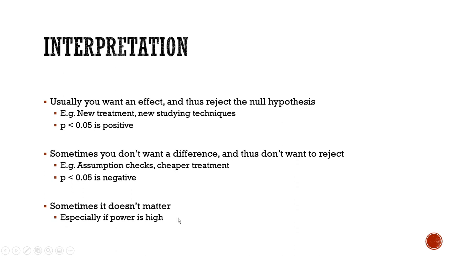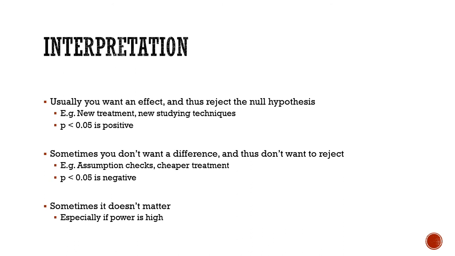And at times it doesn't really matter. It's mostly the case if the power is high enough, because if you have like 20% chance of finding an effect given that there is one, if you don't find an effect, it's probably by chance. Or it might not be, you just don't know.